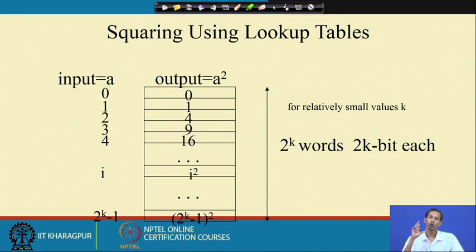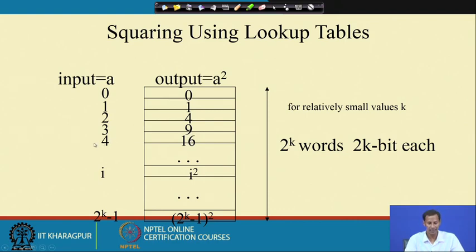We can store these squared values in a ROM or a memory, where the 0th location contains the value 0, the 1 location contains the value 1, the second location contains the value 4, then 9, then 16.